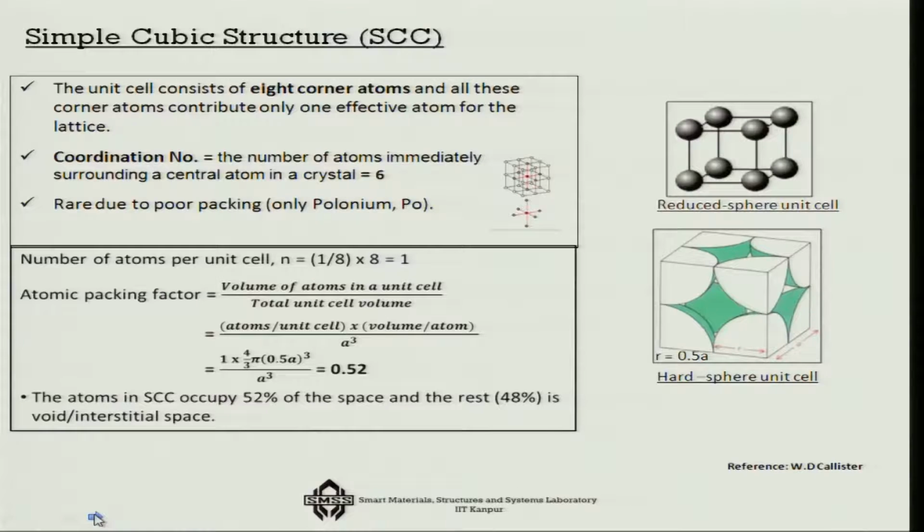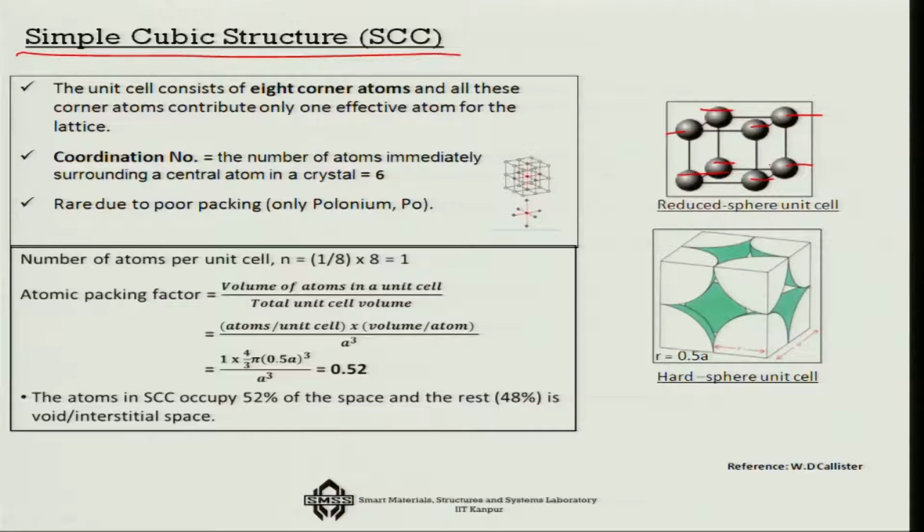So, let us first think of the simple cubic structure. Now, naturally in the cubic structure, if you look at it very carefully, you will see that it consists of 8 corner atoms, 1, 2, 3, 4, 5, 6, 7, 8.